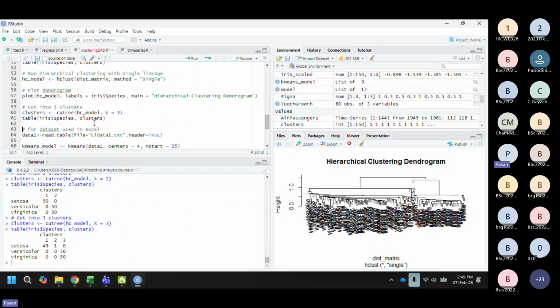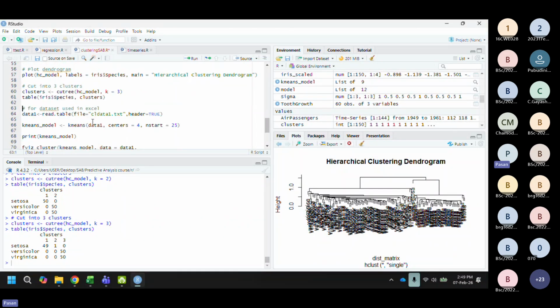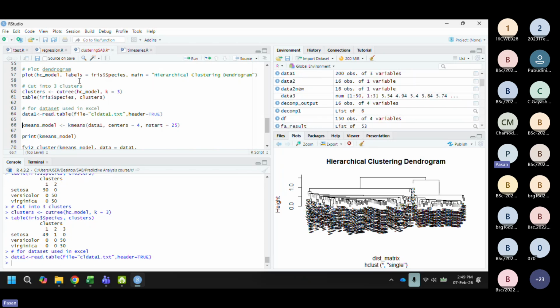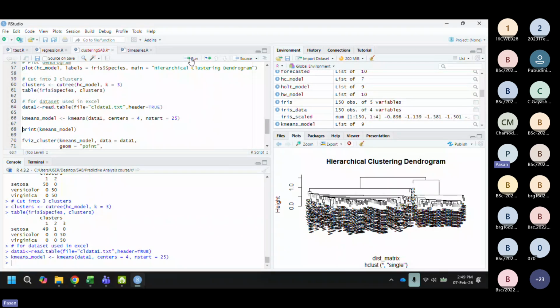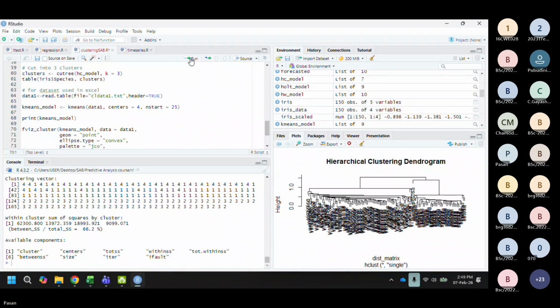Okay, now I'm reading the same observations that I used earlier in Excel, and I can apply the k-means model there. I can go for four centers or whatever, so you can change that.